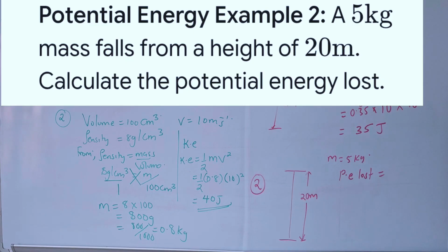But for now, the potential energy lost as it falls through this height is equal to mg times the height it falls through. So the mass is 5 kgs, the g is 10, and the height is 20. This gives us 1000 joules.